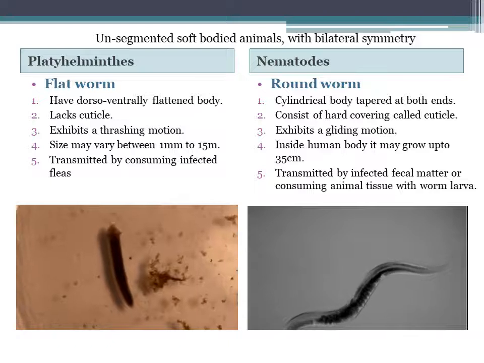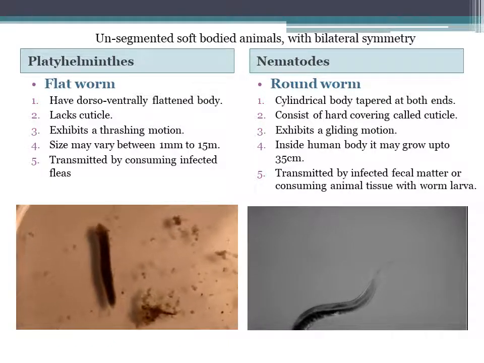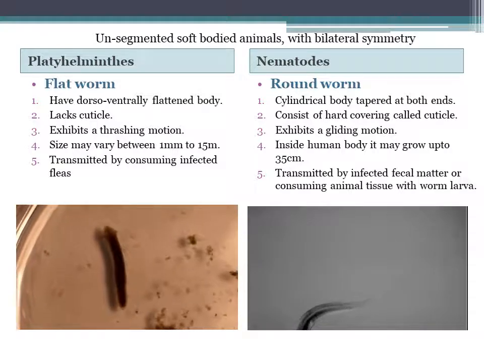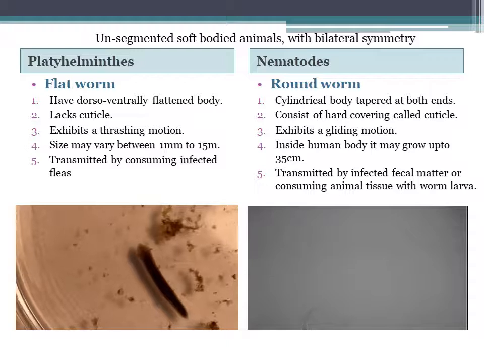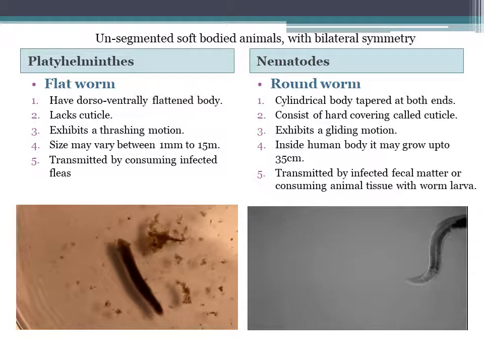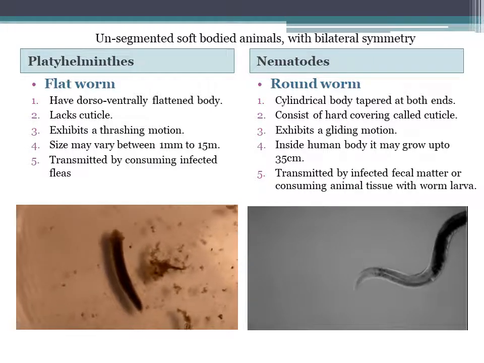While nematodes, inside the human body they can grow up to 35 centimeters. So definitely at some point in your life, the doctor must have given you deworming.